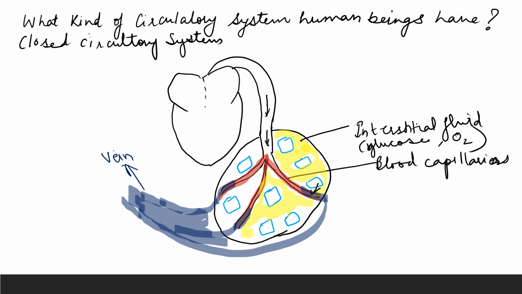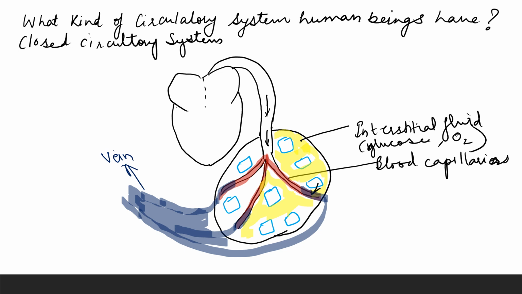So this is about the closed circulatory system, and there are other organisms which have an open circulatory system. We will not discuss the open circulatory system much in this chapter. For example, cockroach is an organism which has an open circulatory system. In this kind of organism, what will happen?